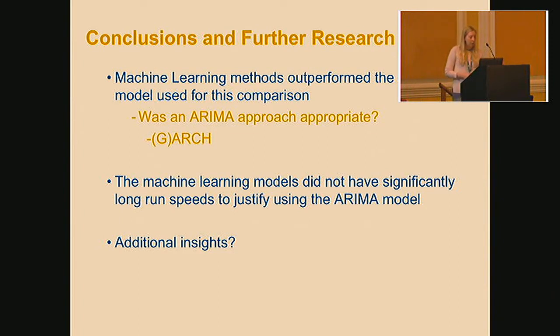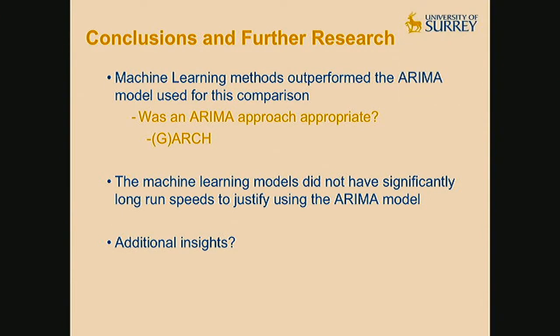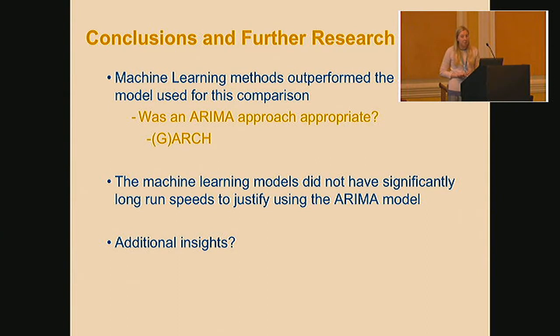You could use that time to collect more data or combine with other machine learning techniques, such as taking a look at sentiment analysis from Twitter for the various stocks. Yeah, so that was my research, comparing machine learning and an ARIMA model for financial series prediction.